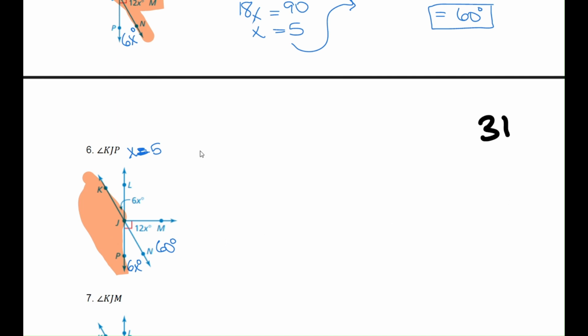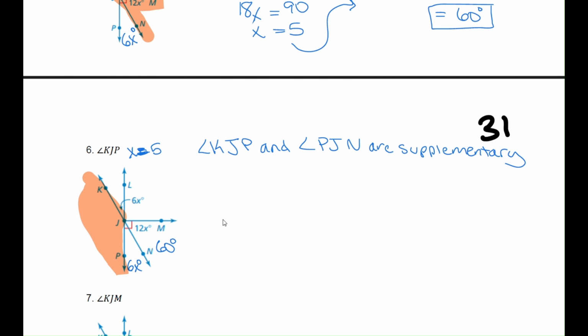I see that angle KJP and angle PJN are supplementary angles. Together they make the line KJN, so together they're going to add to be 180 degrees.